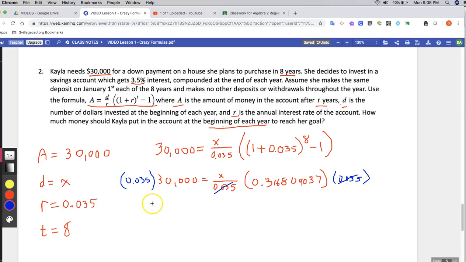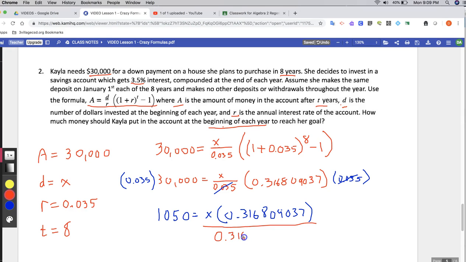And then on the left side of our equation, if we multiply the 30,000 by 0.035, we should get a value of 1050. And that should equal our X times this 0.316809037.